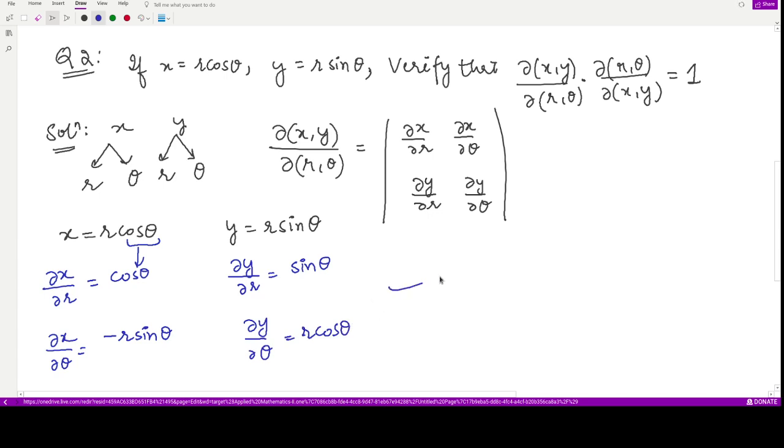So now you can substitute all these values here, so you will have cos theta, minus r sin theta, and here we have sin theta and r cos theta.